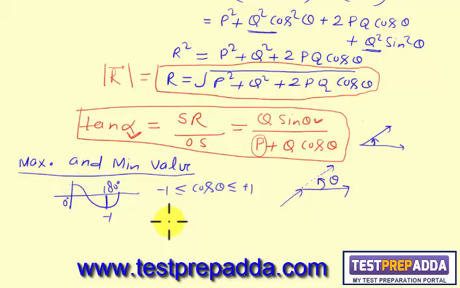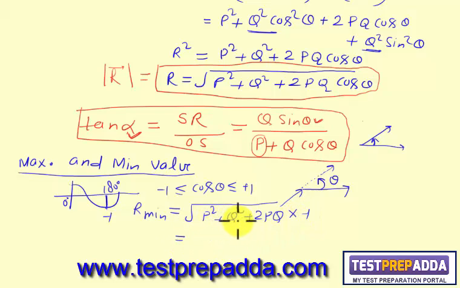So it is minus 1 to plus 1. So to get the minimum value of R, I'll substitute cos theta as minus 1. So the resultant minimum comes as root P square plus Q square plus 2P into Q cos theta as minus 1.